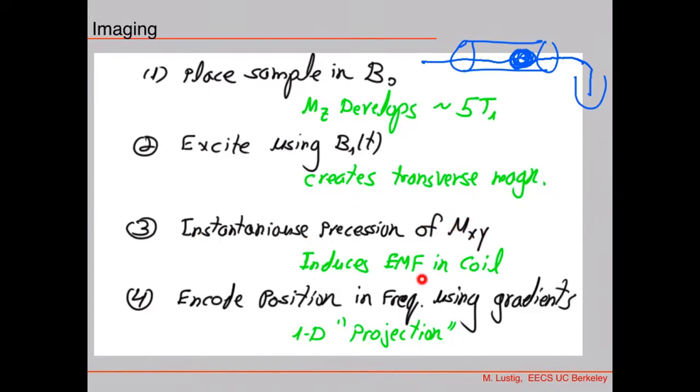That induces an EMF in a coil, and this is the signal that we pick up. And in order to encode the position, we apply gradients, and that changes the frequency versus position and creates effectively the 1D projections that we saw before. Okay, so this is the idea.